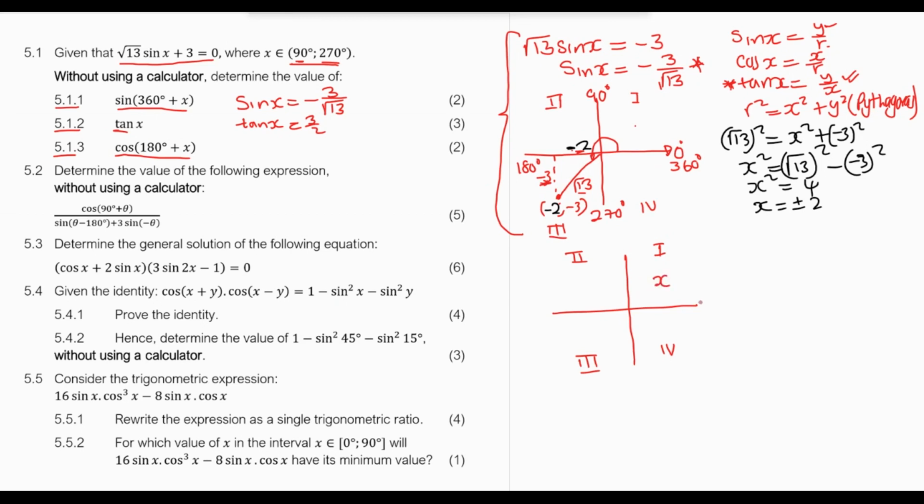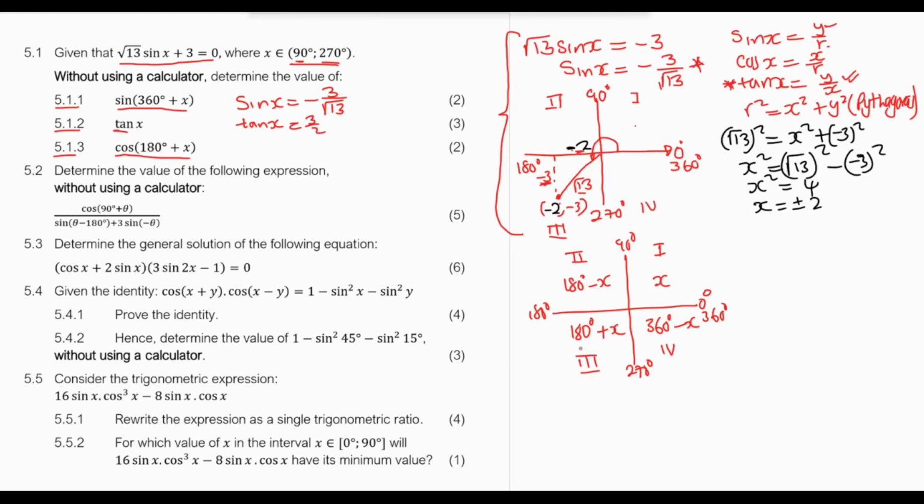In the second quadrant we have 180 degrees minus x. In the third quadrant we have 180 degrees plus x. In the fourth quadrant we have 360 degrees minus x.